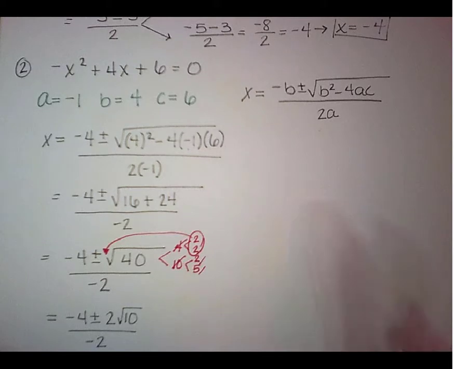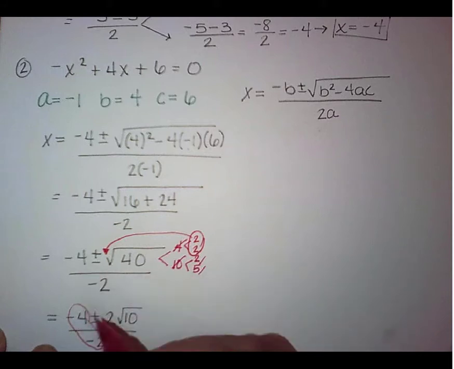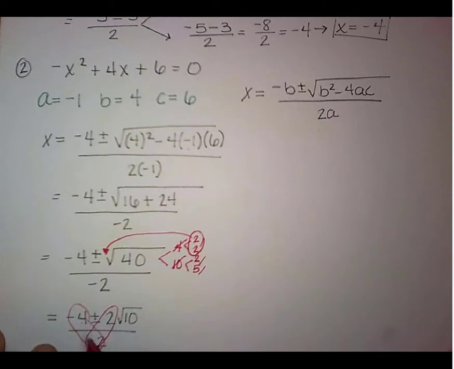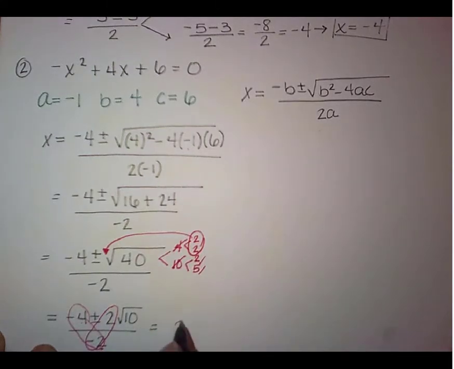Hopefully you can see that if we look from the 4 to the -2 and we look from the 2 and the -2, all three of these have the same number in common. In fact, they're all divisible by -2. So what we're going to do is divide this -2 into both of these. So when we do -4 divided by -2, that is going to give us a +2.